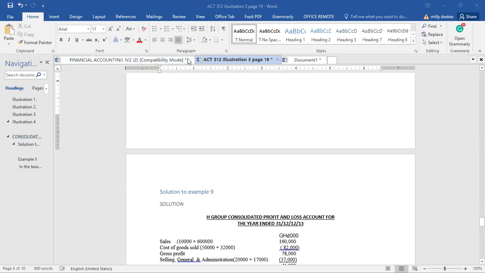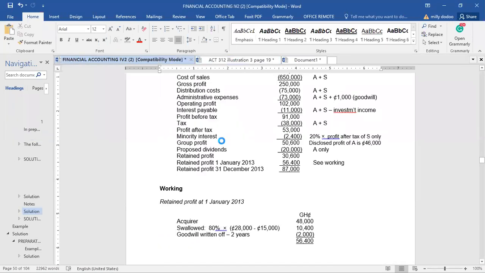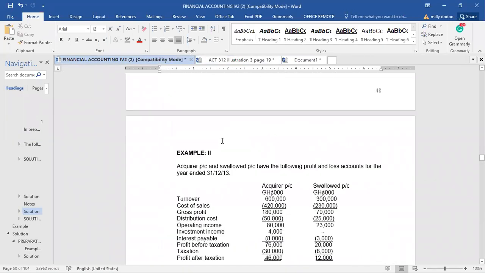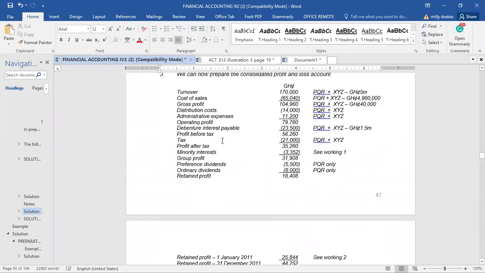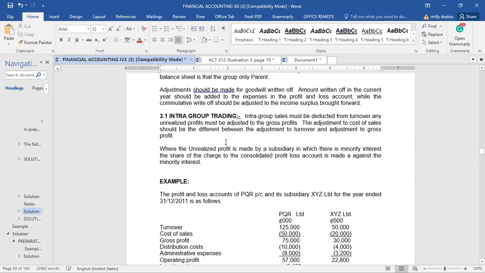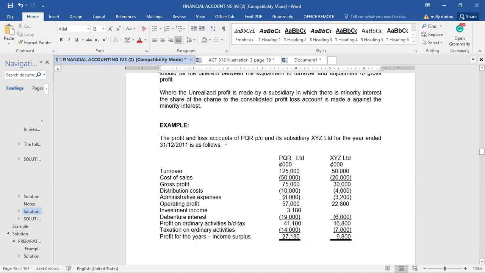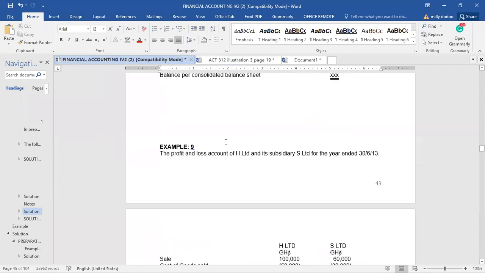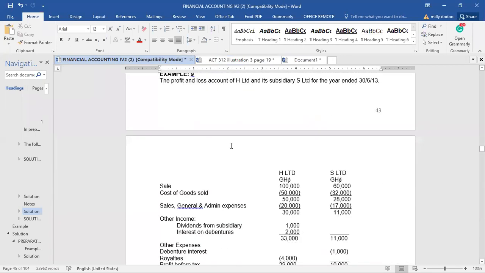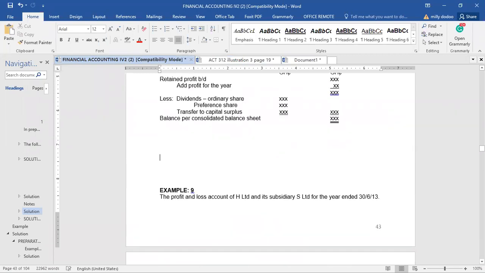The very first illustration I've posted on the platform for you, you can go there and have a look at it, but I can still go back here. This particular illustration, example 9, is what I've sent on the platform for you.